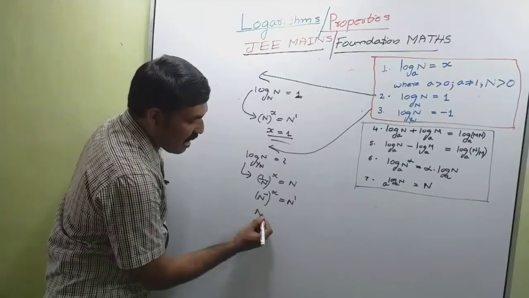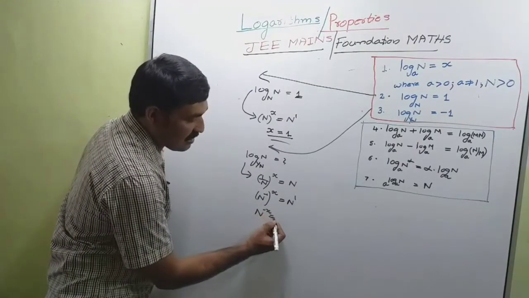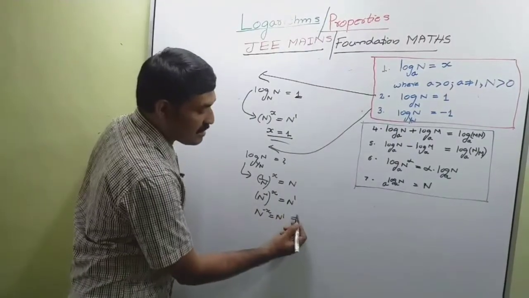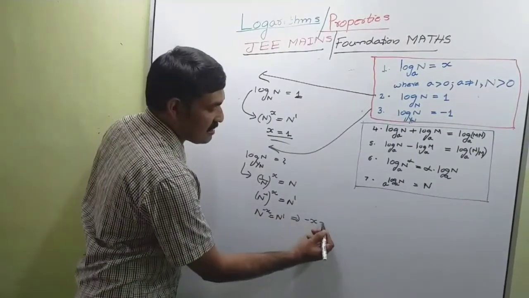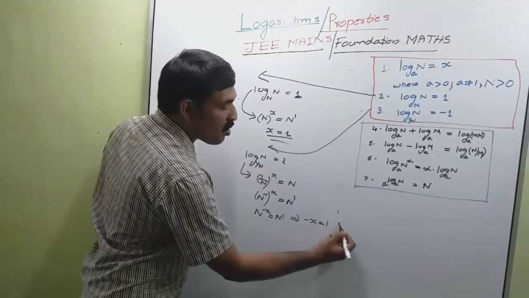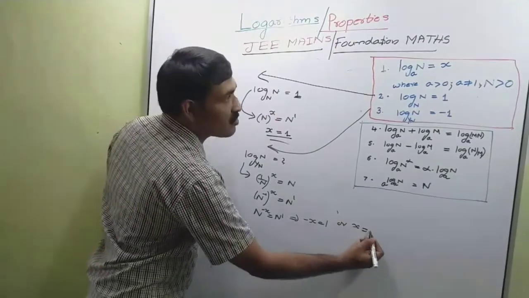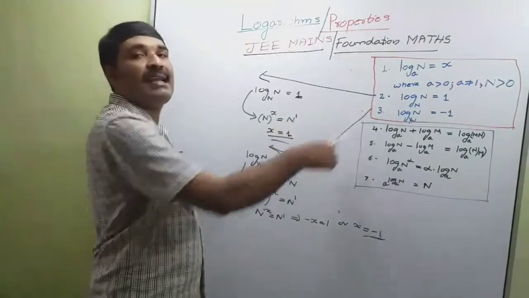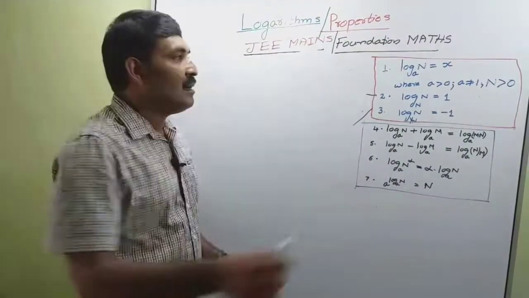This is n raised to minus x is equal to n raised to 1. Comparing the powers, this implies minus x is equal to 1, or x is equal to minus 1. So this is the proof of the second and third properties.